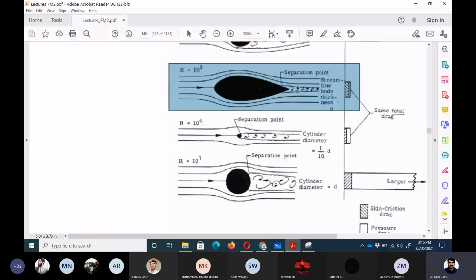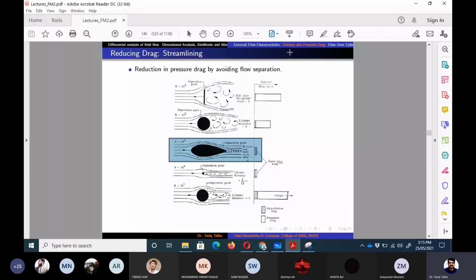The reason is that we want to make drag force quite less. So I hope that I have given like 10 to 15 minutes extra in this class just to emphasize this point. I hope you now get the crux of these two components of drag, which are friction drag and pressure drag.